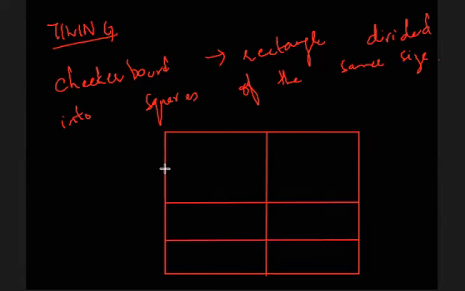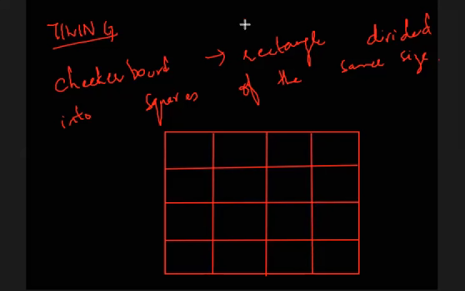In this case, what we are supposed to do is figure out how we can cover this checkerboard. A standard checkerboard contains 8 rows and 8 columns, and we are supposed to tile it. How are we supposed to tile it? We are placing dominoes.